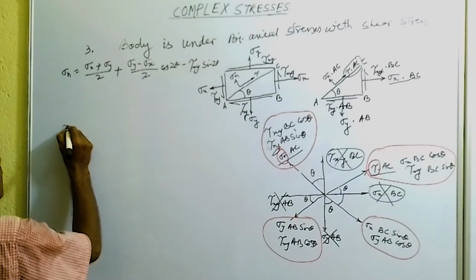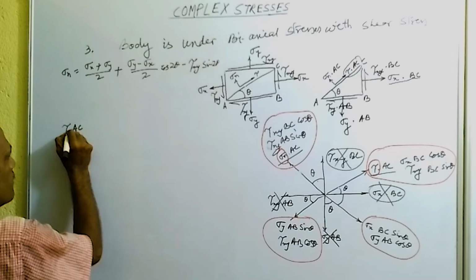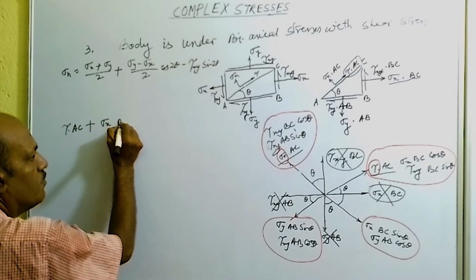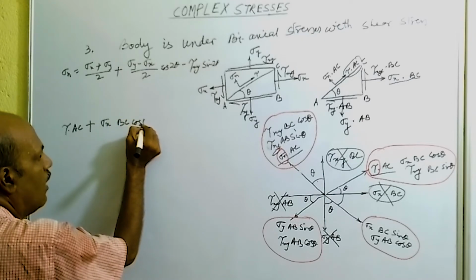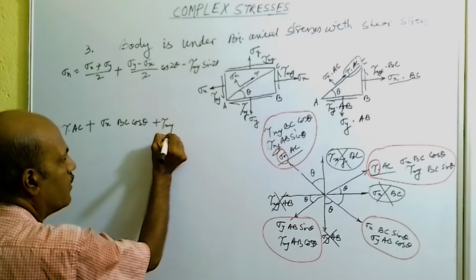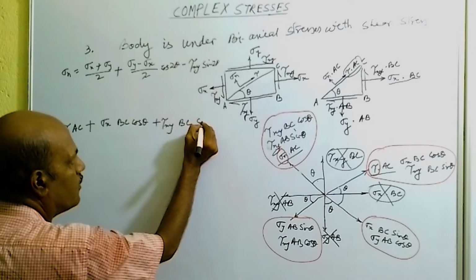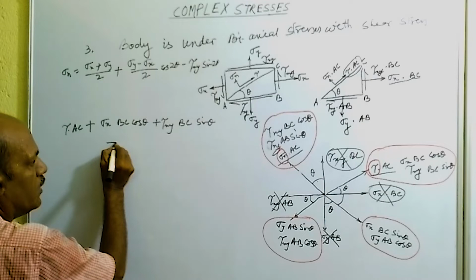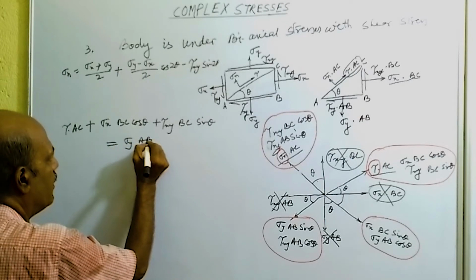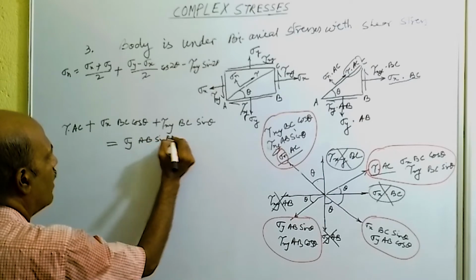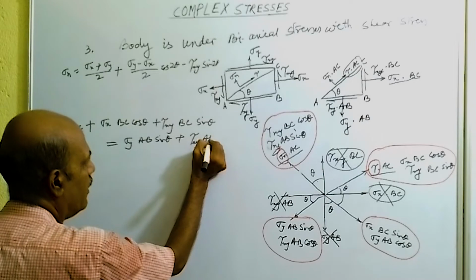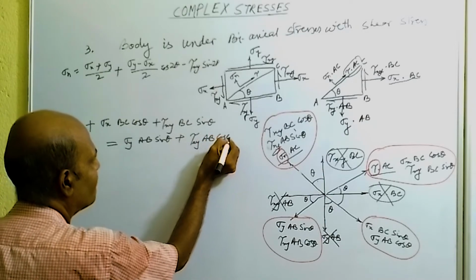tau into AC plus sigma x BC cos theta plus tau xy BC sin theta will be equated to sigma y into AB into sin theta plus tau xy into AB into cos theta.